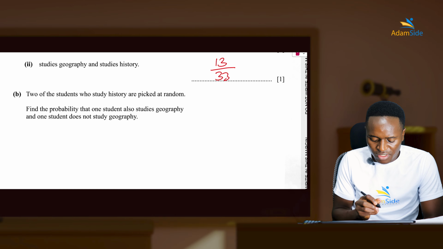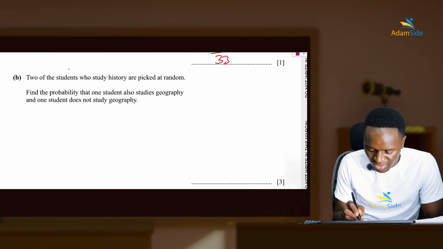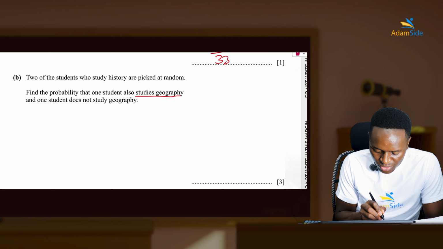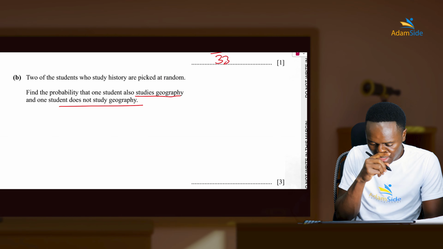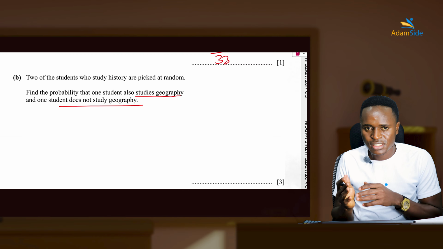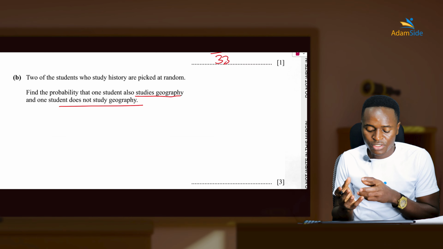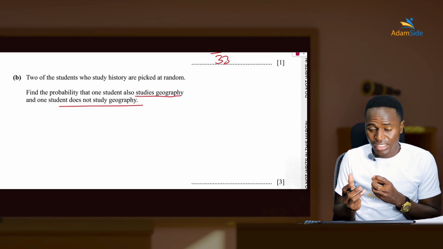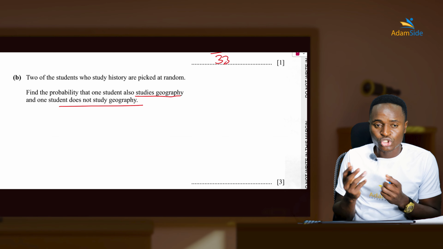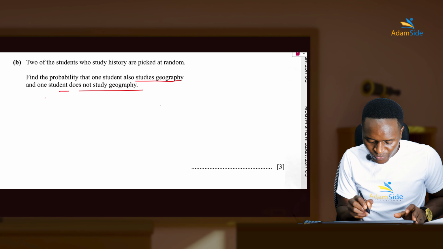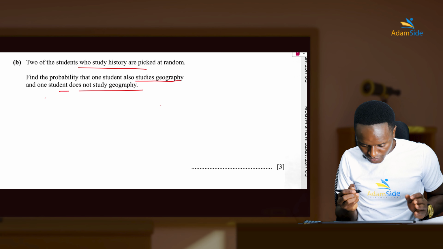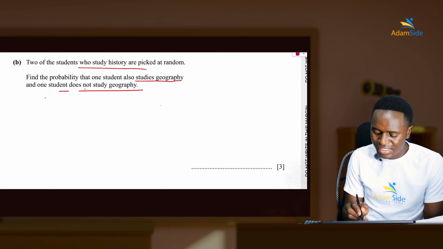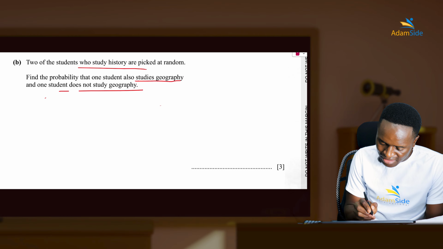Then we go to 2 of the students who study history are picked at random. Find the probability that 1 student also studies geography and 1 student does not study geography. So this is either way. 1 student can be picked who studies geography and history, and another one studies only history. So both of them are studying history.